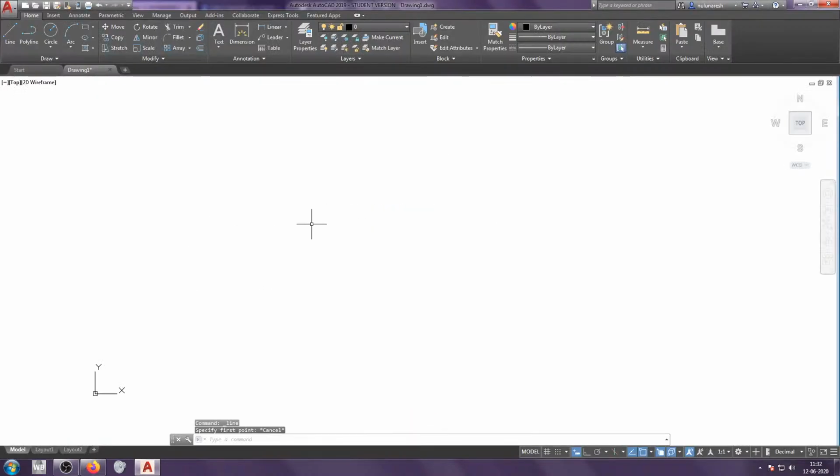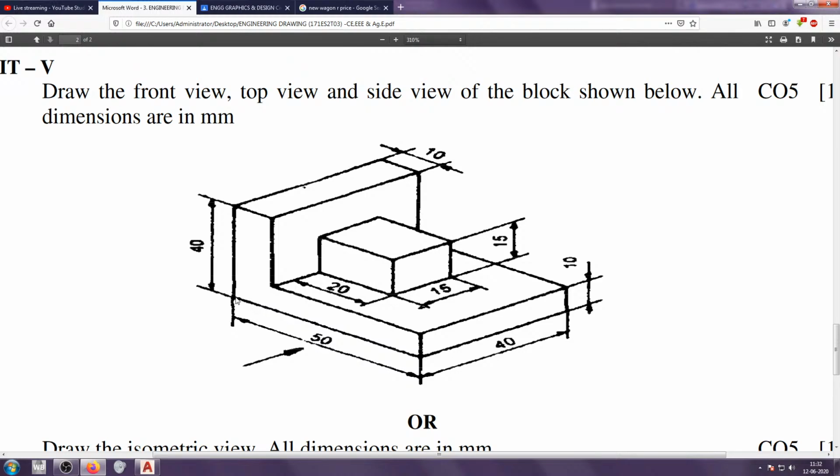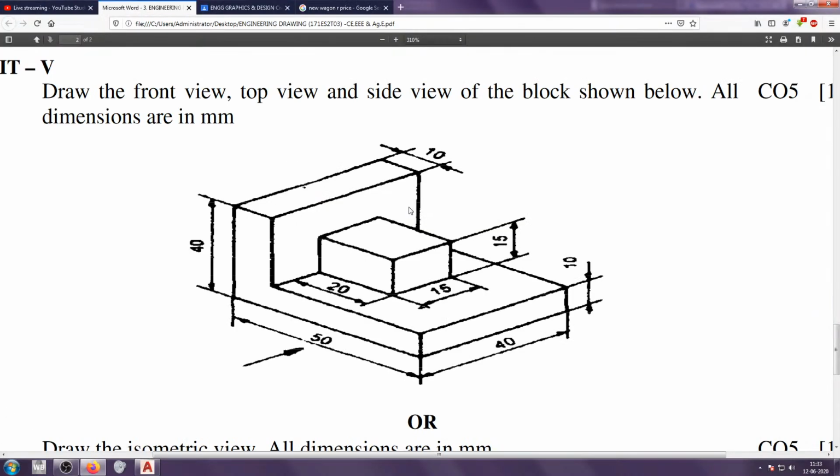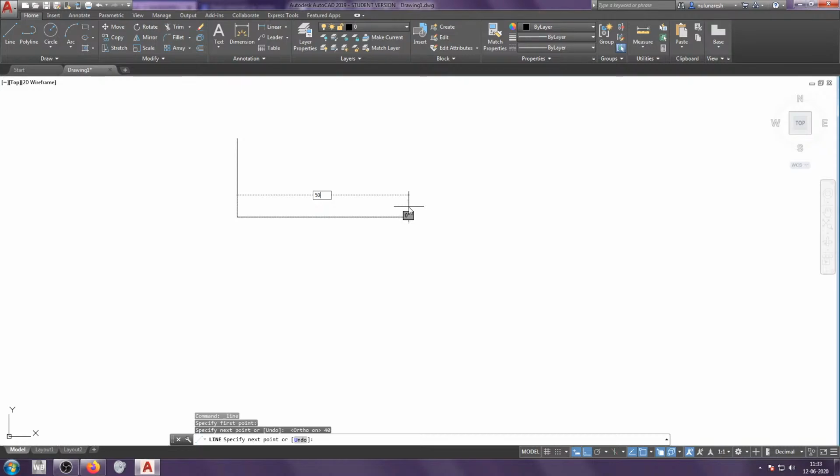I'm going to go to AutoCAD. Z, enter. I'm just trying to zoom in as much as possible. From the front view we will be able to see this L shape, this particular face and this particular face. And what else are we able to see? Nothing, these two faces. So the depth of this one is 40 and the width is 50 and the height is 10.